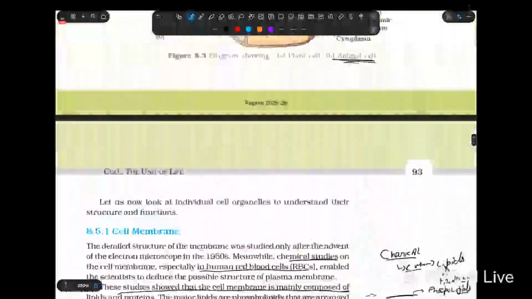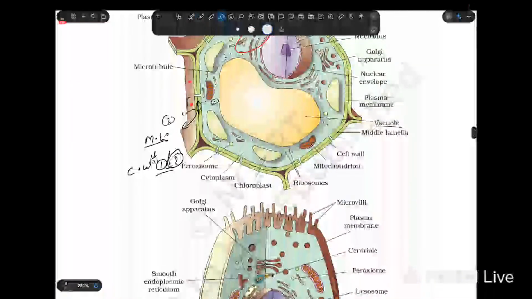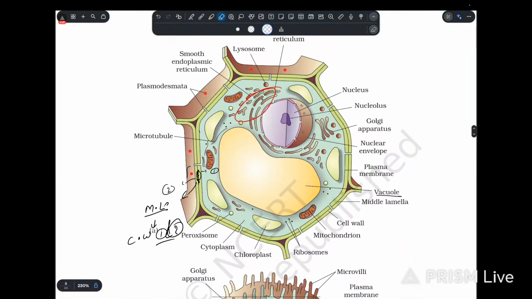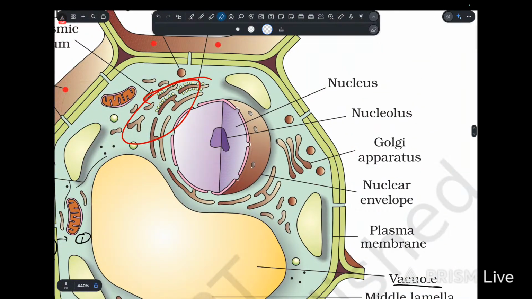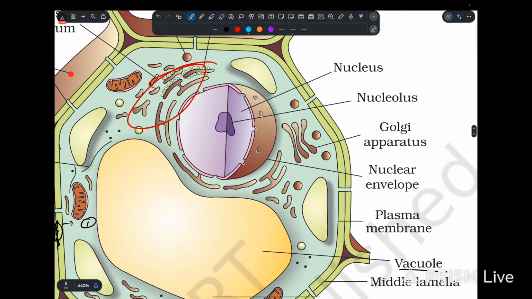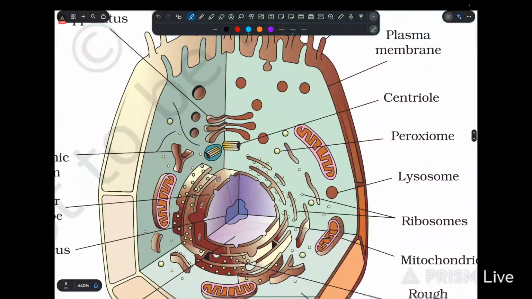That when you look at the endoplasmic reticulum here, let me zoom a bit little. Okay, just wait. Okay, when you look here on the endoplasmic reticulum, like here, so um, there are no good.